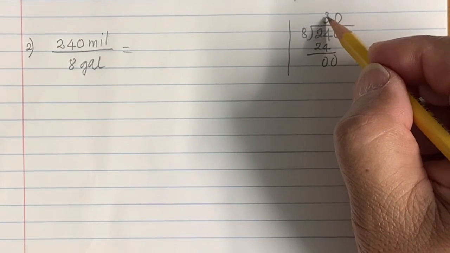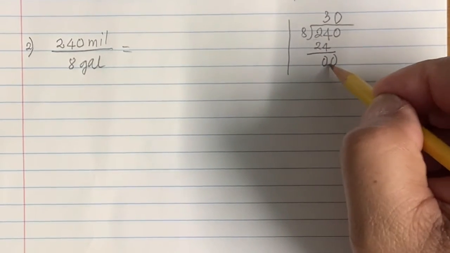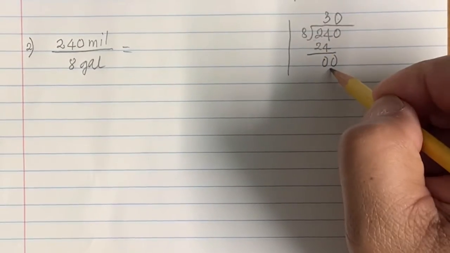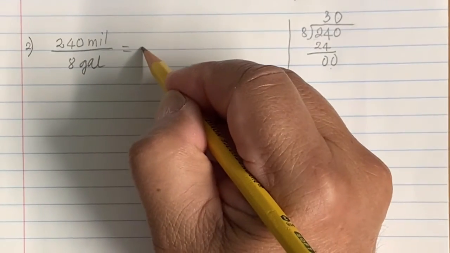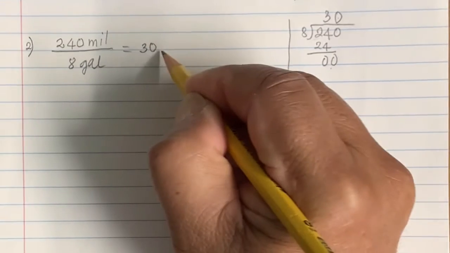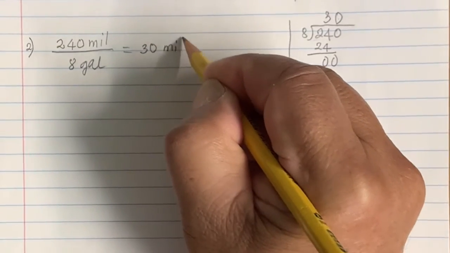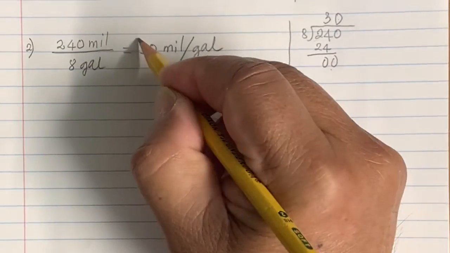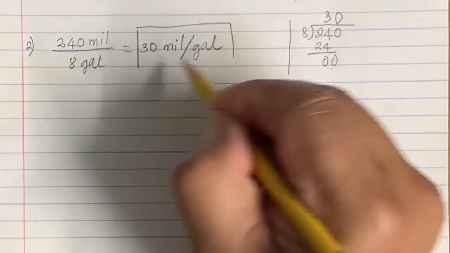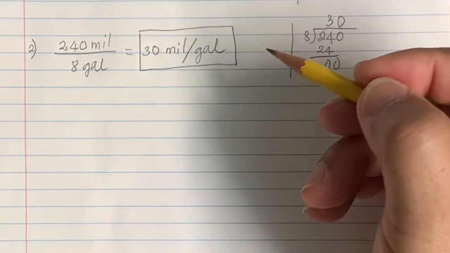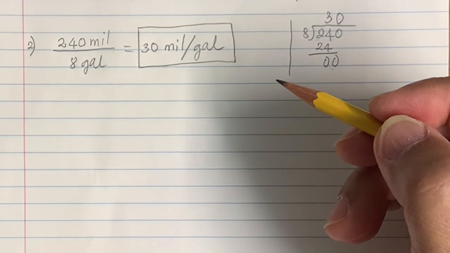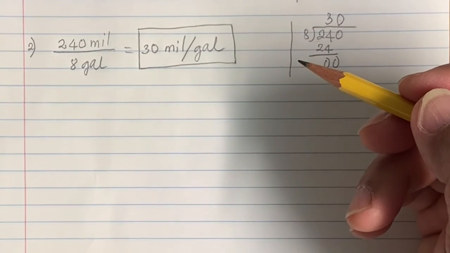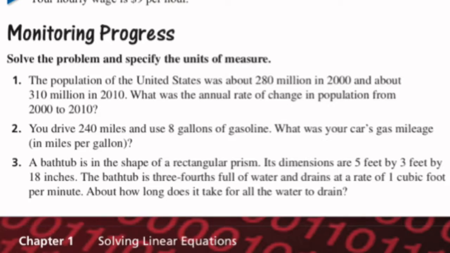Well, it'll be 0 because 0 times 8 is going to be 0. So you get 30 miles per gallon. Okay, so that's the answer. So the car's gas mileage is 30 miles per gallon.